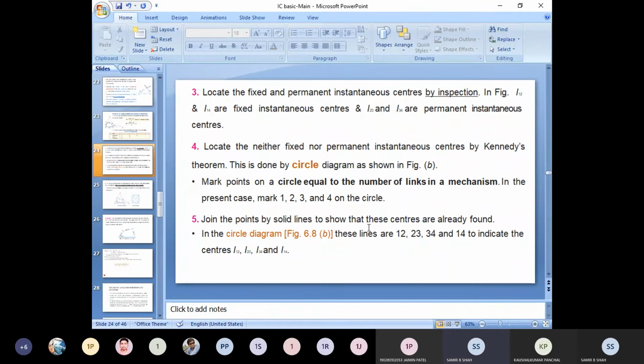After that, we have to inspect the mechanism, which kind of mechanism it is, and based on the mechanism we use different kinds of rules for the I center. Either it may be a pin joint, or a sliding contact, or a rolling contact.